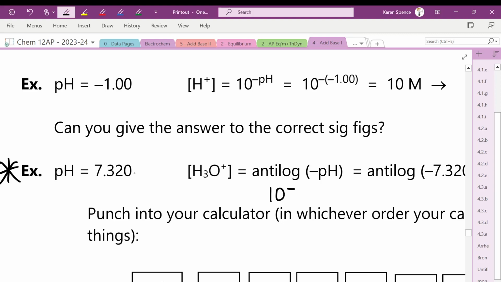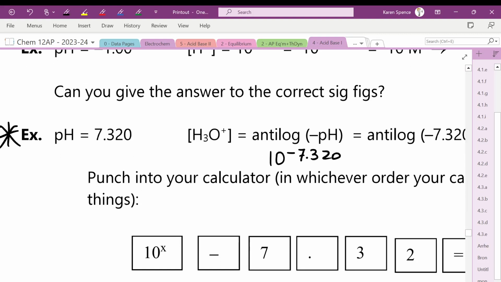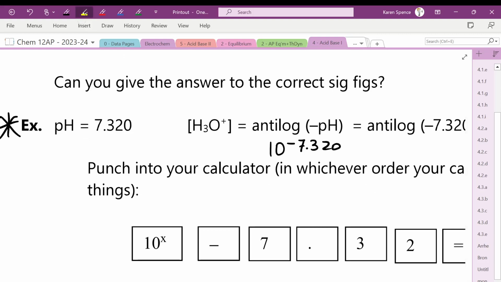And so our pH is 7.320. And I would like you to try plugging that into your calculator. Okay. And usually you're going to be finding the 10 to the X button, which is usually the shift of the log button. Let me know if you cannot find it or if you need help making it work on your calculator.